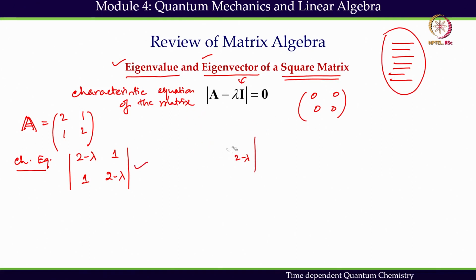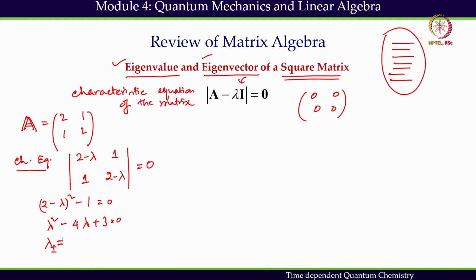This is going to be 0. This determinant has to be 0, so I will get a zero matrix, and these values will be 0. How can I get that? The determinant can be simplified as follows: (2 minus lambda) whole square minus 1 equals 0, or lambda square minus 4 lambda plus 3 equals 0.